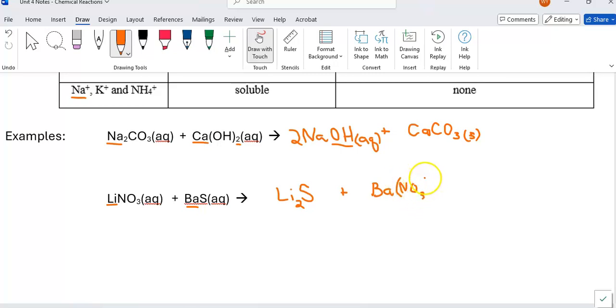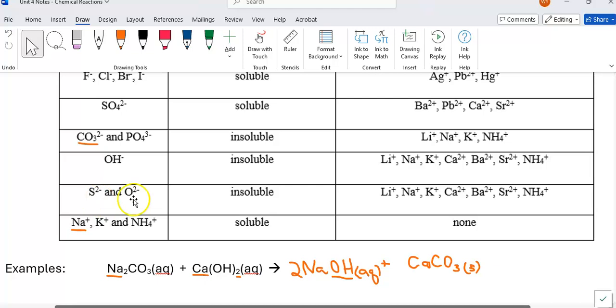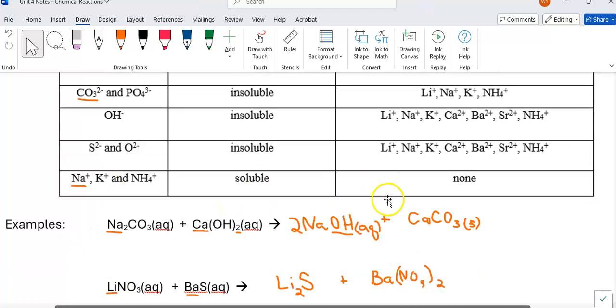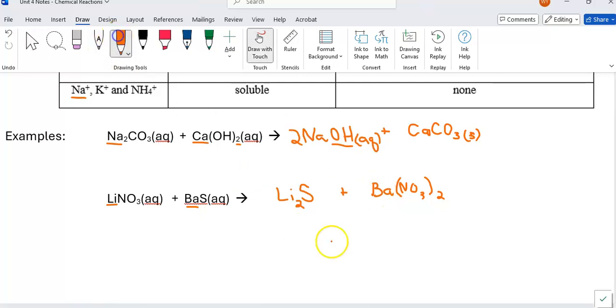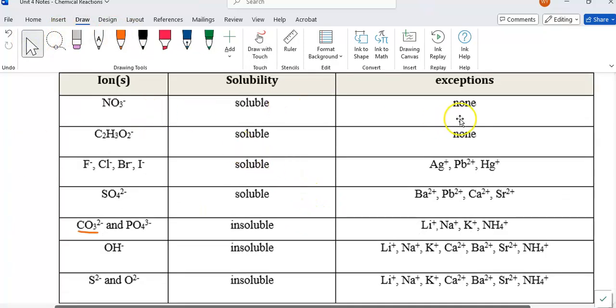Okay, so we haven't really decided if this is a reaction yet, so we better check our rules. Our rules say for sulfides, start with sulfide. Sulfides are insoluble, but lithium is an exception. So lithium sulfide would be soluble, which means aqueous, so no reaction yet. And then our rule for nitrates, if I recall, says that they're always soluble.